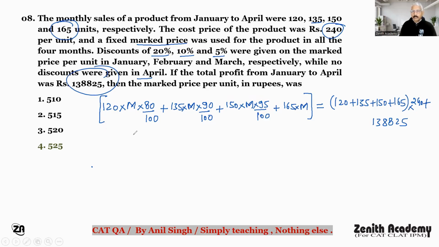So let us take M by 100 common. And then it is 120 into 80, 135 into 90, plus 150 into 95.